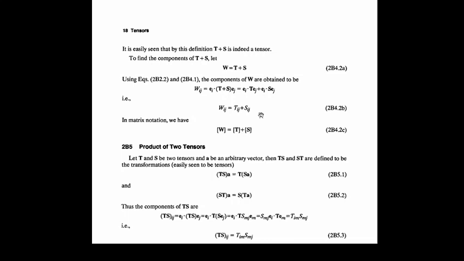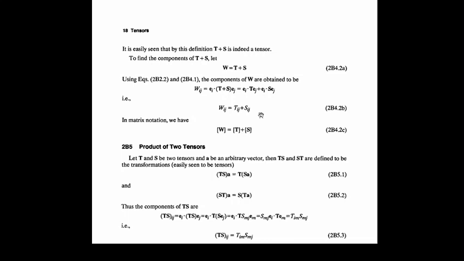Now let us move to the product of two tensors. We have seen that the sum is a tensor and how we can write its components. Now we will see how we define the product of two tensors, how the product is a tensor, and how we can write the components of that product.